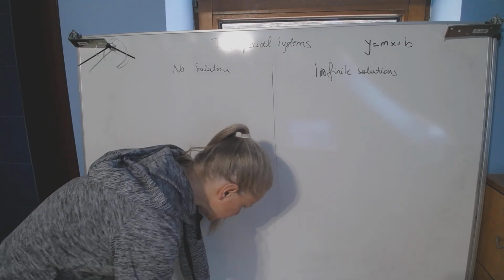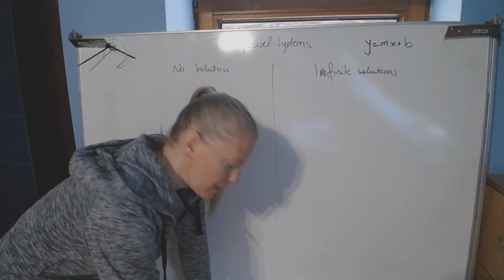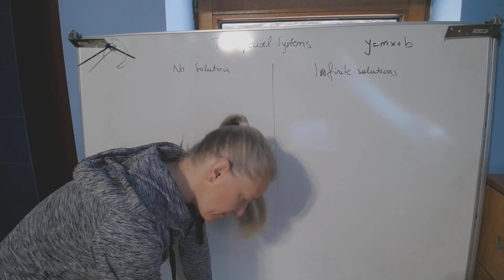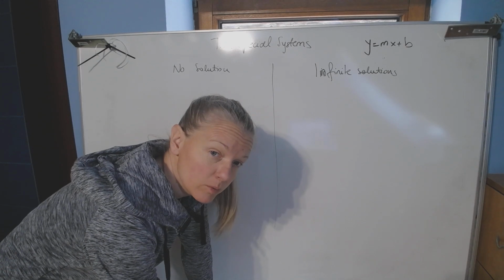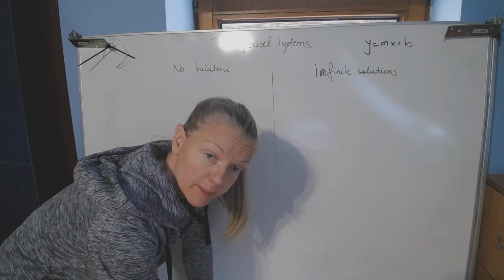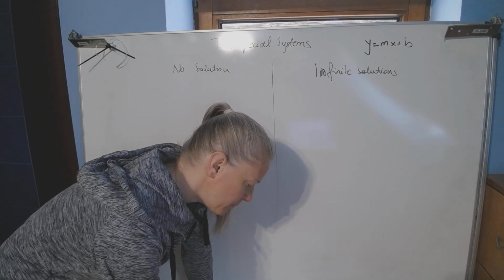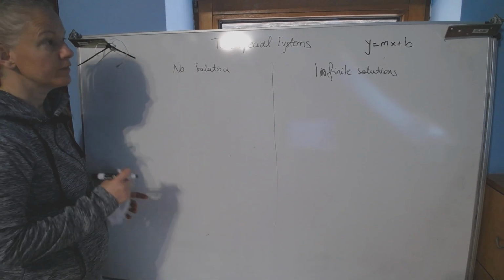On 460, it tells you a different way to look at it by slope. If your equations have different slopes, you have one solution. If they have the same slope but different intercepts, so 2x plus 5, 2x minus 2, then those have no solution. And if they have the same slope and the same intercept, then you have infinite solutions.